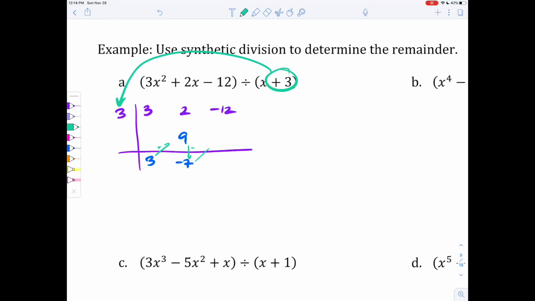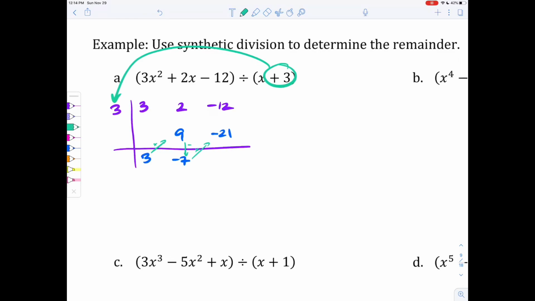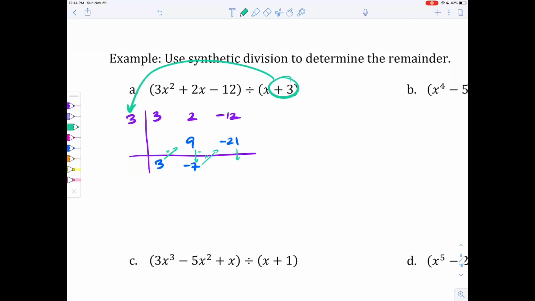To go up here, we multiply. Negative 7 times 3 is negative 21. And then to go down again, we're going to subtract again. So negative 12 minus negative 21 is 9.